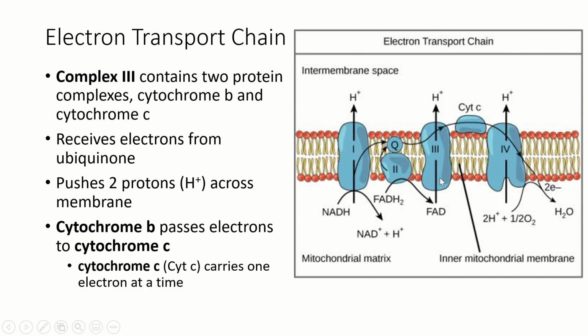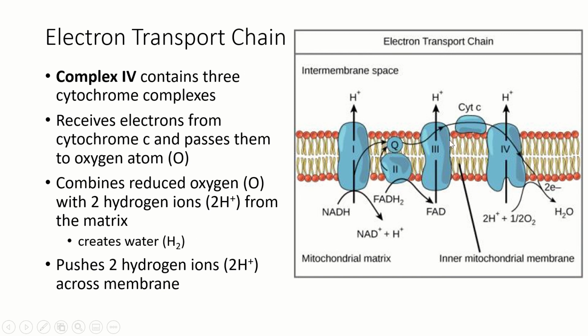It's going to pass the electrons to cytochrome C. Cytochrome C can only carry one at a time, so it's going to go doop, doop for every 2 hydrogens pushed across the membrane. Ubiquinone and cytochrome C just carry electrons. That's all they do. And then we get to complex 4.